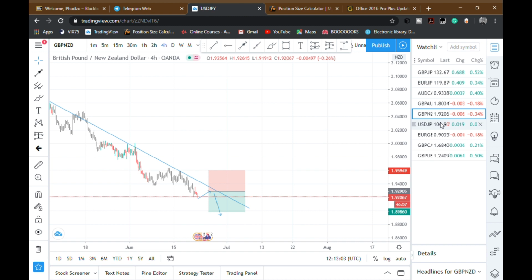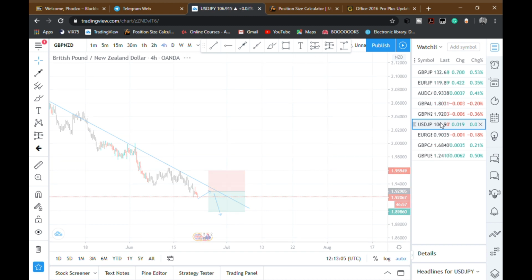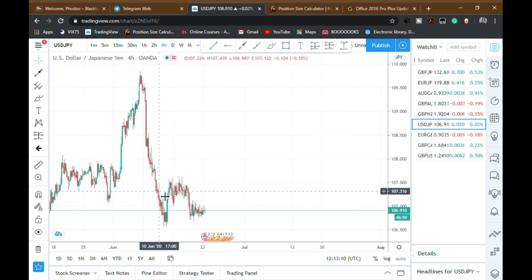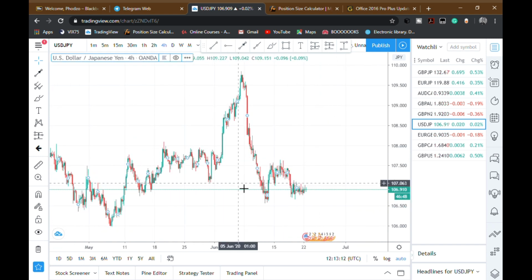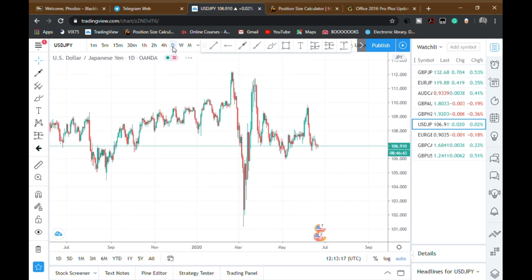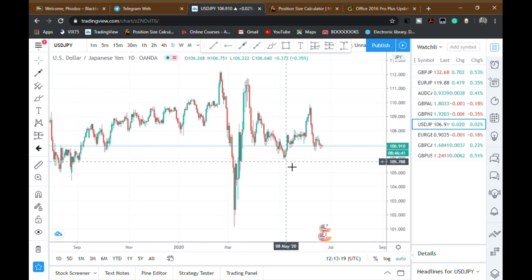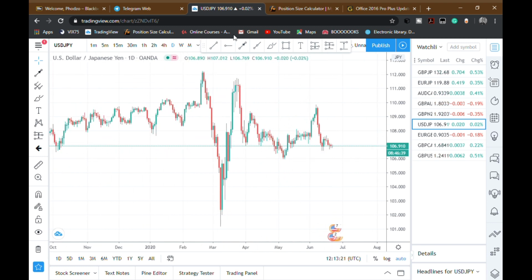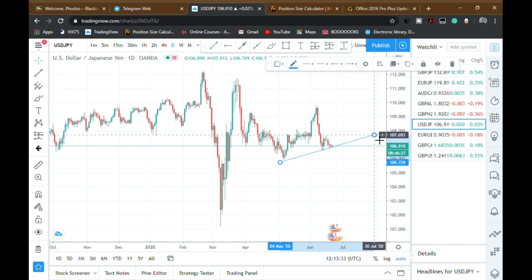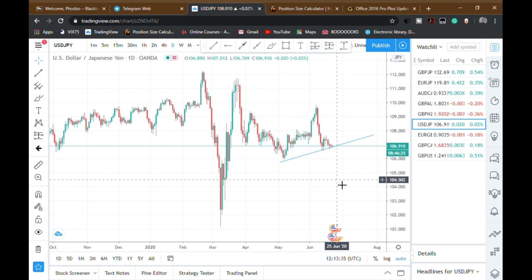So USD at the moment on a daily, there's no direction. All I can see is that it seems like it's finding support on this trend line.